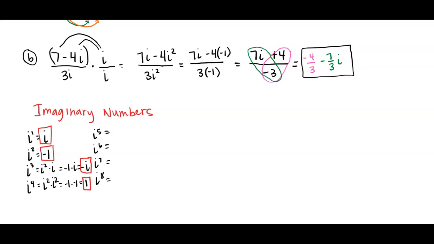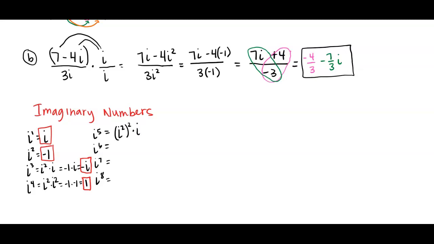Okay? Now look what happens when we come over here to i to the fifth. So i to the fifth is the same as, I'm going to write these out a little bit of a different way. If I say i squared squared, that's i to the fourth times another i.